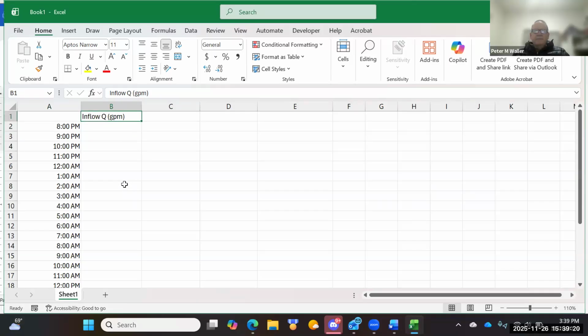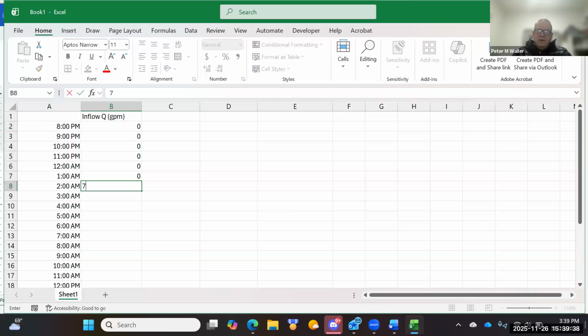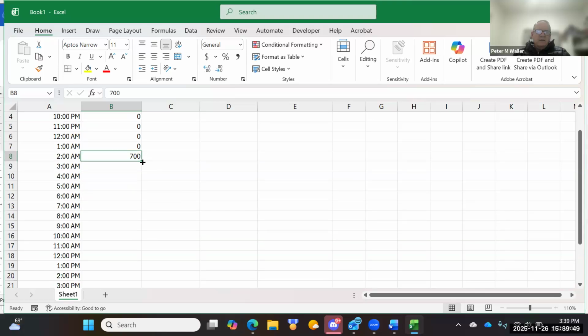So we're just going to either run our well pump or not run our well pump. So let's say we're going to start it at 2 a.m. and then we would run it until the morning irrigation is finished. So I've got 700 gallons per minute coming in, and my morning irrigation is going to finish at 9 a.m., let's say.